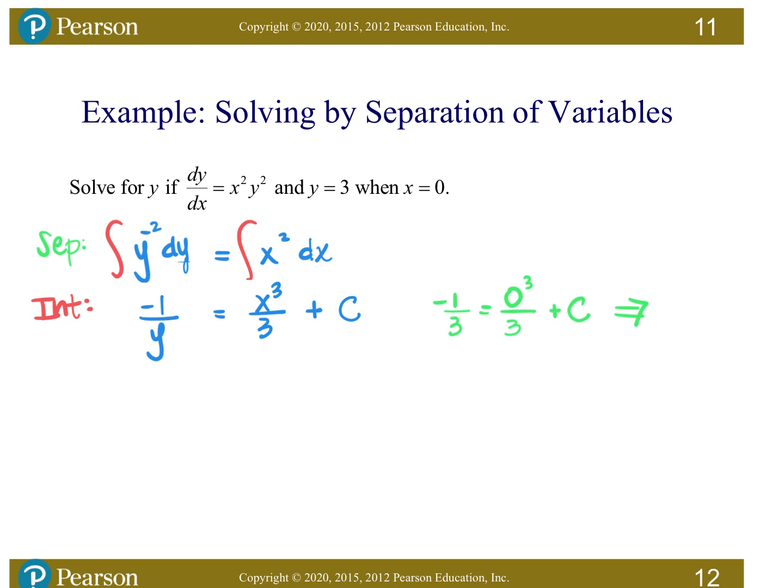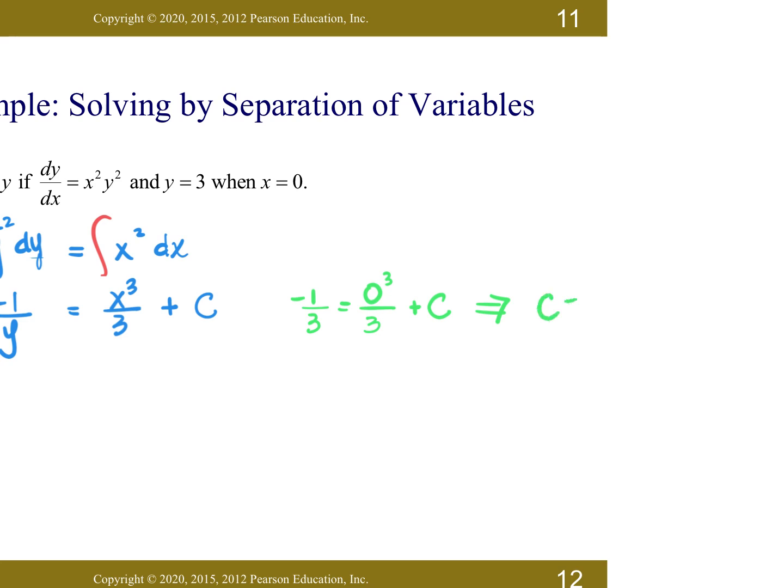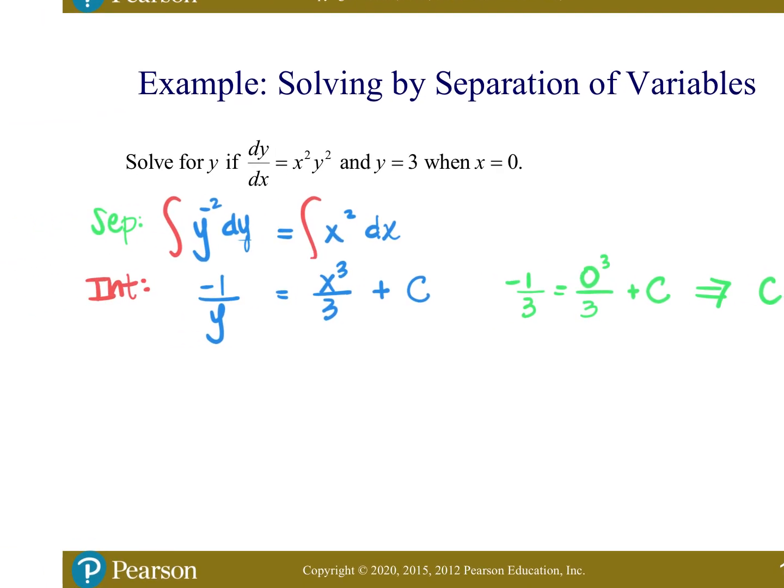So what does that tell you ultimately the value of c is? Negative 1/3. Okay, so c turns out to be negative 1/3. That's arithmetic. Okay, back to algebra. Negative 1 over y equals x cubed over 3, and then plus the constant negative 1/3. And thankfully, we have a common denominator now because the thirds are a common denominator on those two sides.